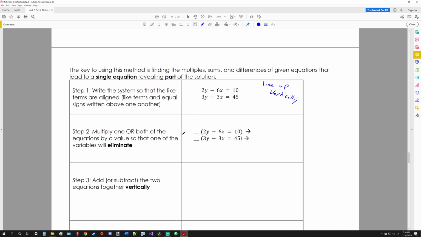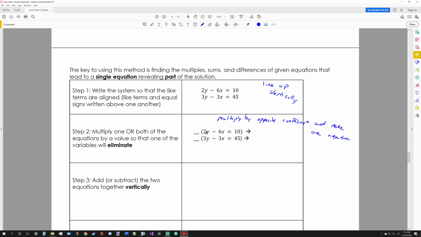So my rule is, the easiest way to remember this is to multiply by the opposite coefficient and make one negative.